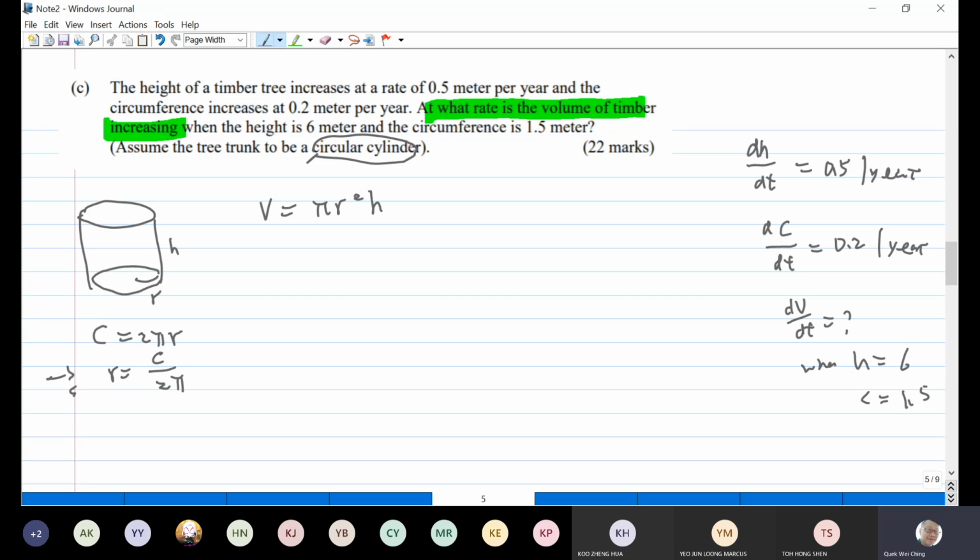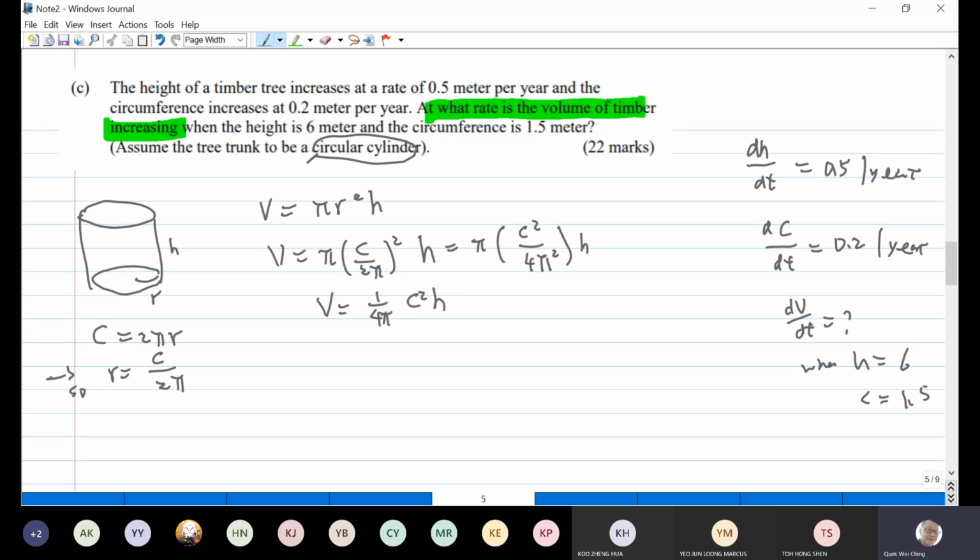So convert this: V is equal to pi times c over 2 pi, squared, times h. You can cancel, giving pi c squared over 4 pi squared times h. After cancellation, V is 1/4 pi c squared h.